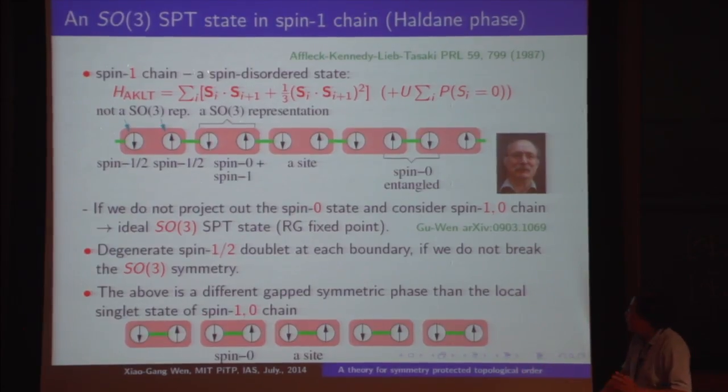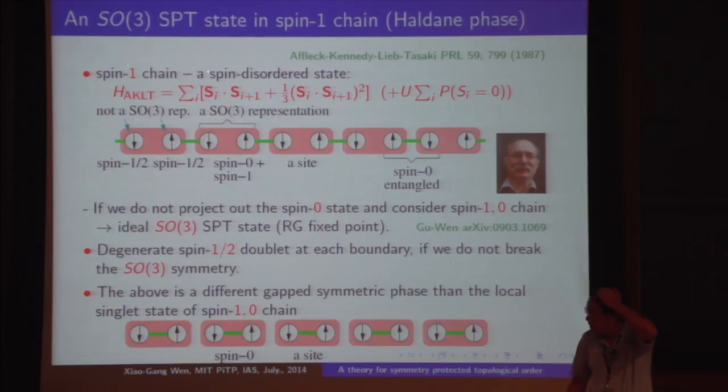And then the claim is that this kind of spin disordered state and this kind of spin disordered state belong to different phases. Although both phases have a gap and do not break SO3 symmetry, somehow these two phases are distinct. You cannot go from one to another without a phase transition.